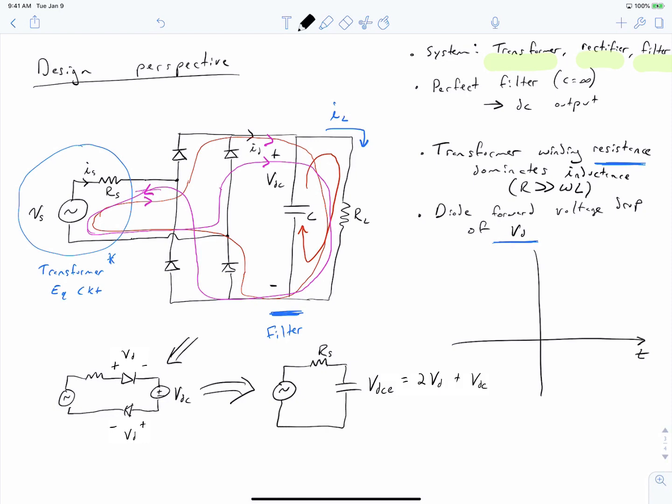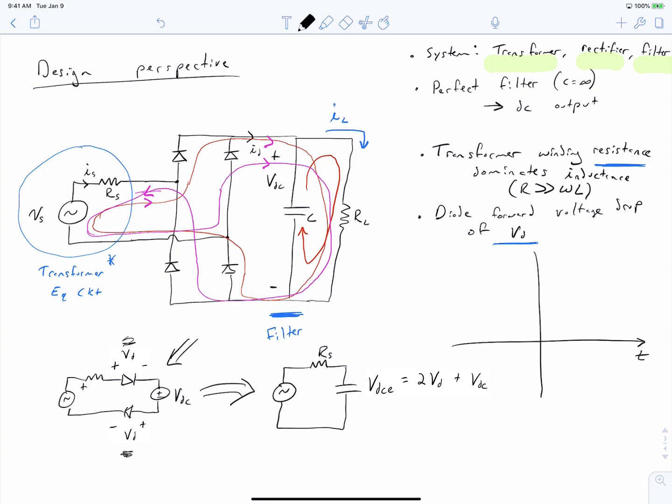VDCE is equal to 2 times VD plus VDC, our fixed output voltage. Now, how did we come up with this? Well, to drive a current through a resistance, our transformer output voltage has to overcome a fixed DC voltage. That DC voltage is the voltage drop across each of our diodes plus our fixed output voltage, VDC.